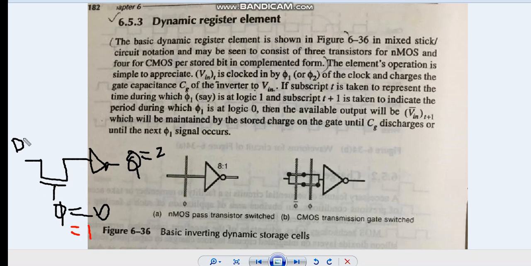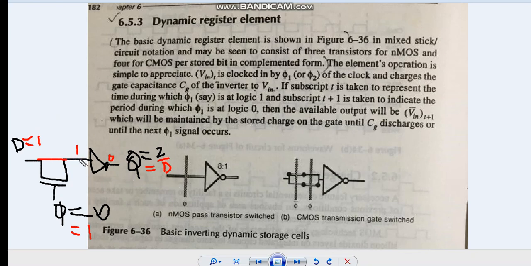Whatever the data, if D is equal to 1, then that is a closed path here. D is 1, hence the input of the inverter is 1 and the output of this is 0. Now the output Q will be D bar, the inversion of D, here. So this is how the NMOS pass transistor operates.